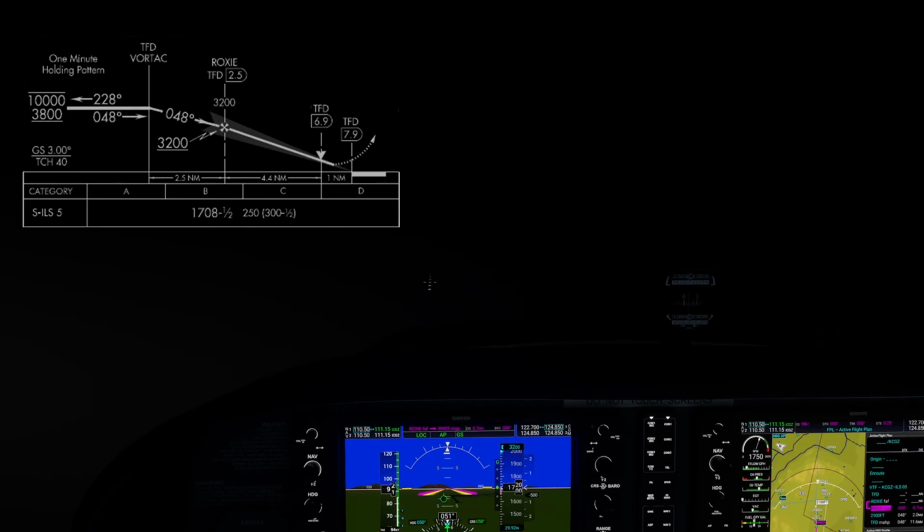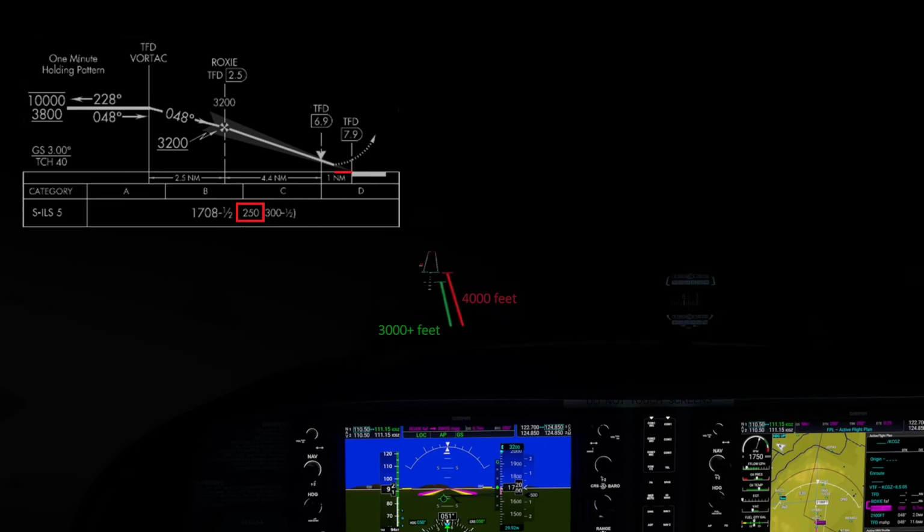The required flight visibility for the approach is 1/2 statute mile. 1 statute mile is equal to 5,280 feet, so 1/2 statute mile is about 2,640 feet. Now we'll add the runway in for context. From our vantage point at the DA, 250 feet above the touchdown zone elevation, we are about 4,000 feet from the runway threshold.